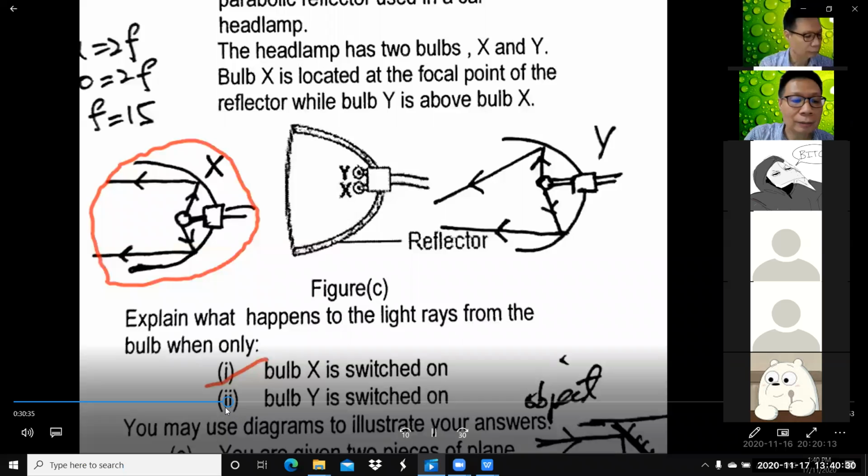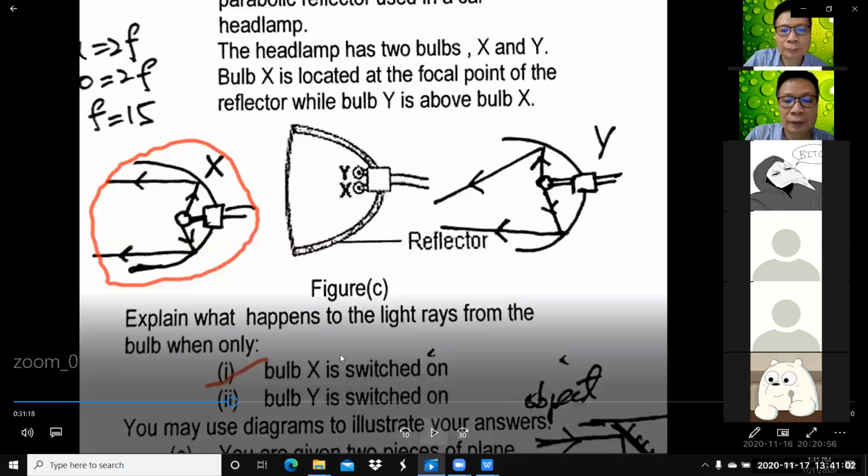Okay, finish the diagram or not? Ready. And now the answer.